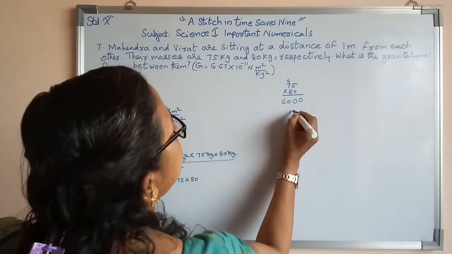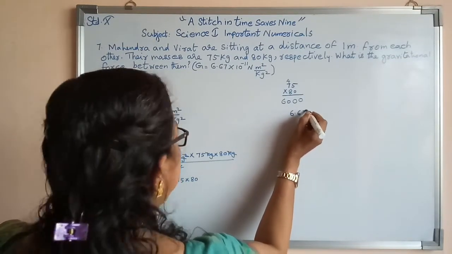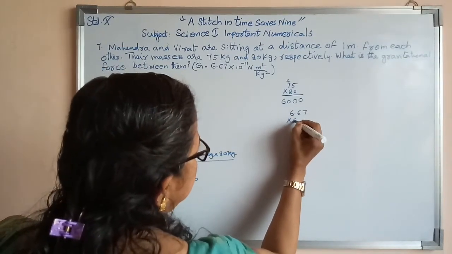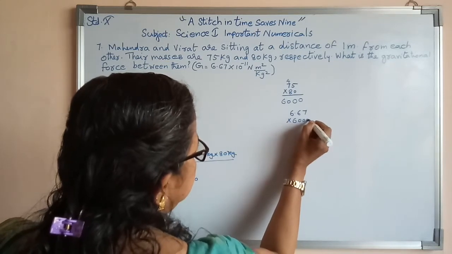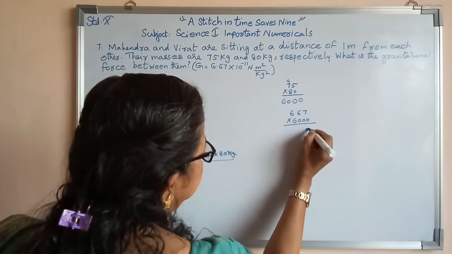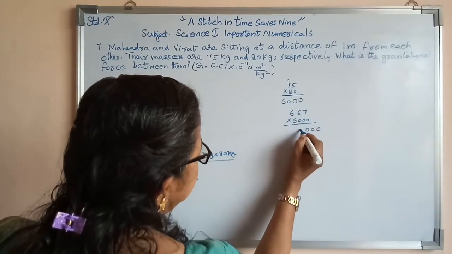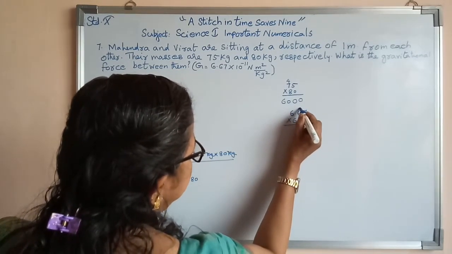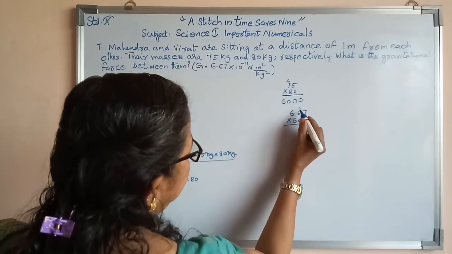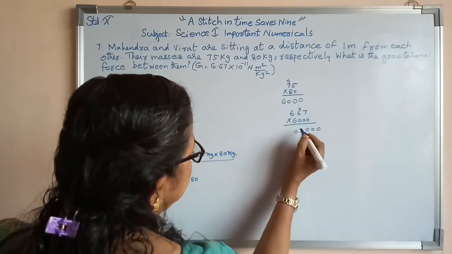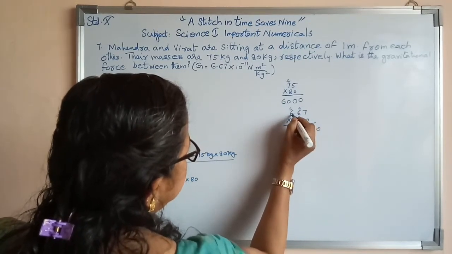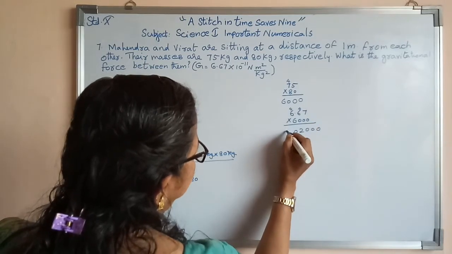With this we will multiply. That is now 6.67 multiplied by 6000. 3 zeros we will put here. Then with the 6 we will multiply. 6 7s are 42, carry 4. 6 6s are 36 plus 4 is 40, carry 4. 6 6s are 36 plus 4 is 40.